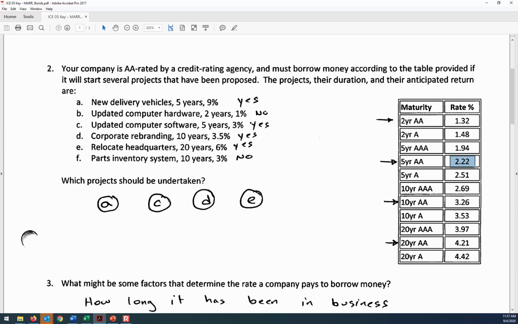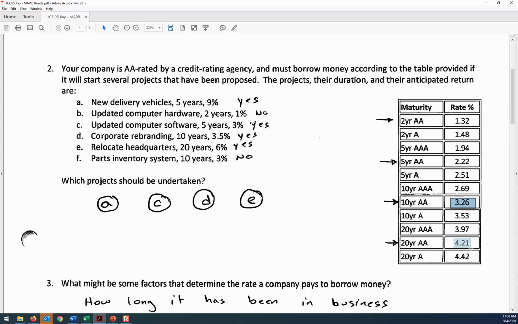So that's why we say yes to project C, the rate of return is greater than the cost of capital. Same with project D, which is a 10-year project. It will pay 3.5, but the interest on that is 3.26. And so the return on that project exceeds the borrowing costs. Same with E.